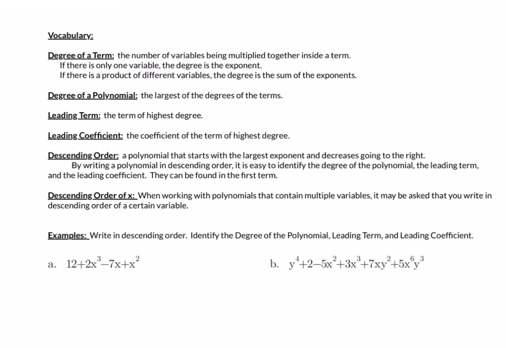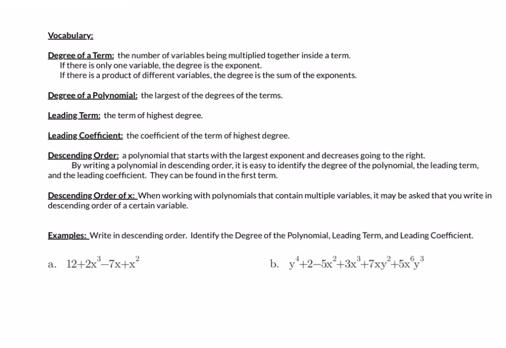For now, we want to focus on descending order. Descending order is a polynomial that starts with the largest exponent, and then we decrease going to the right. We like writing polynomials in descending order because it is easy to identify the degree of the polynomial, the leading term, and the leading coefficient.